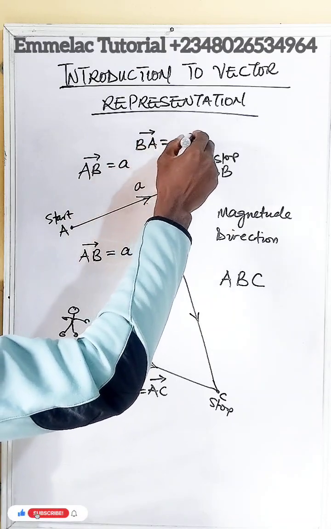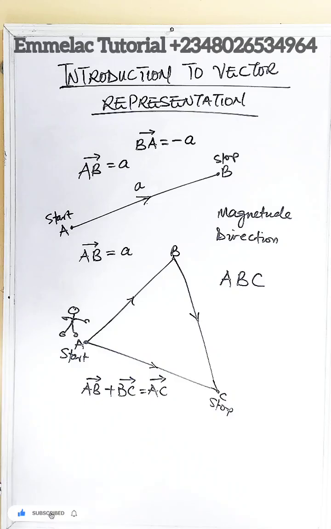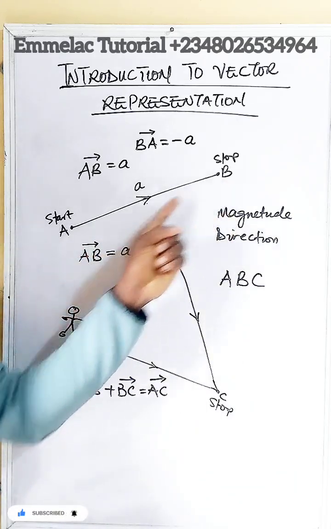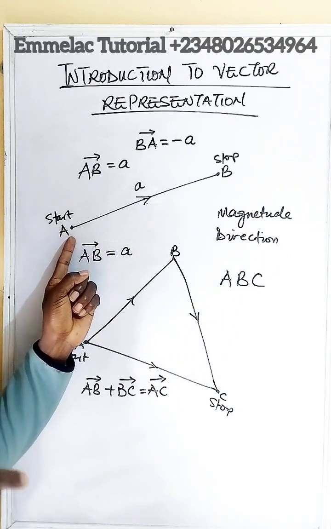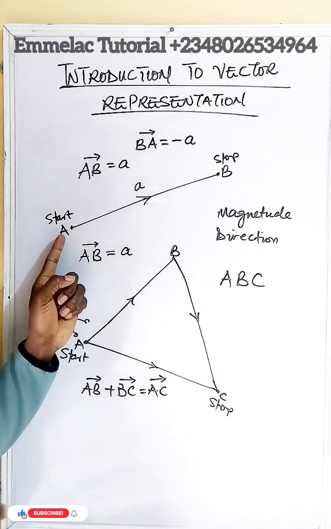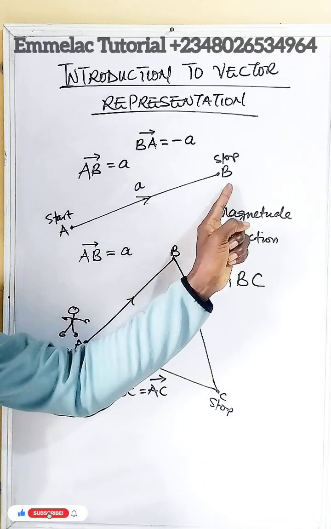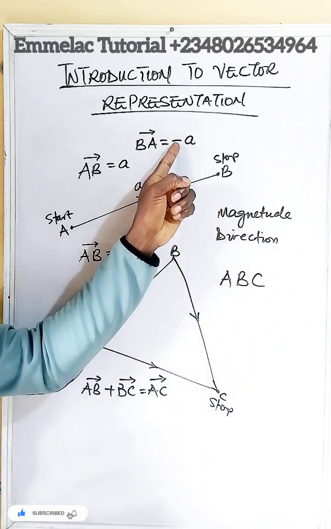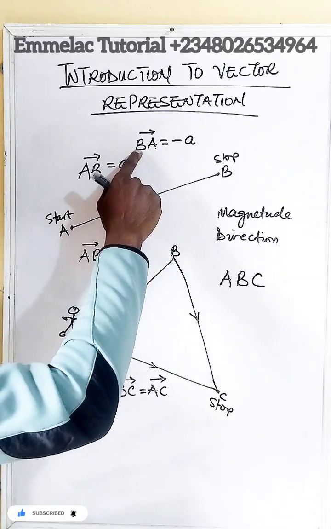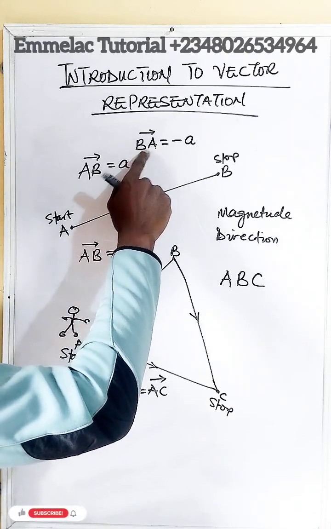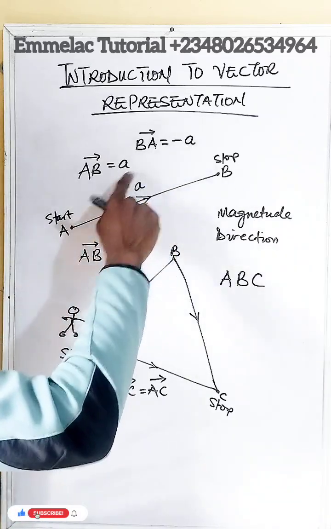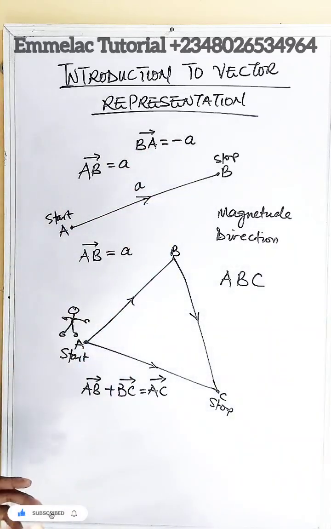this will give us a negative A. That's because moving from B to A is opposite to the initial original direction, which is meant to be A to B. So this negative sign tells you that BA and AB have the same magnitude but different direction.